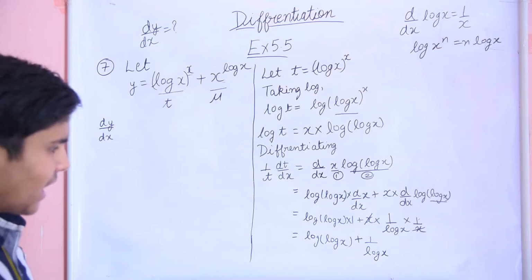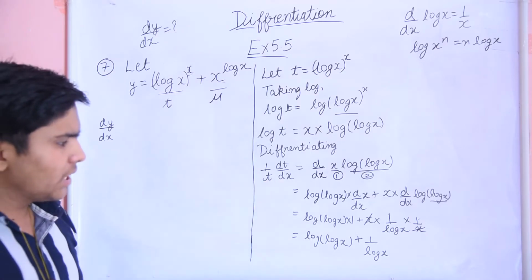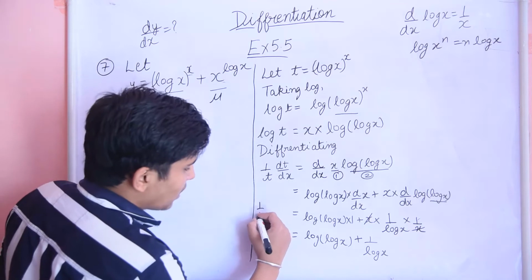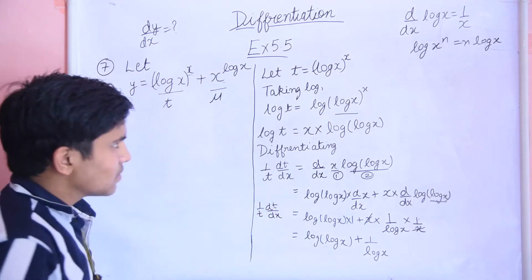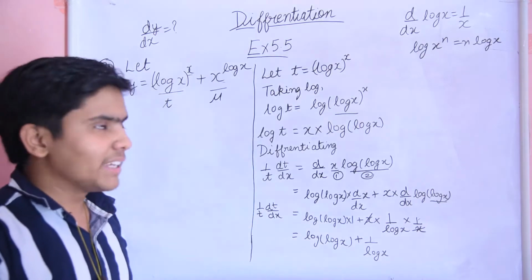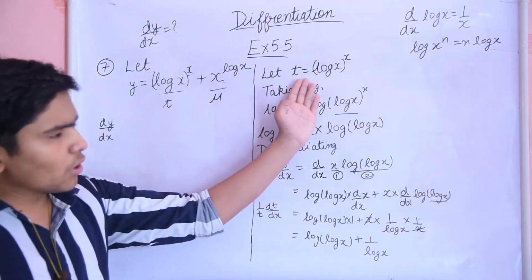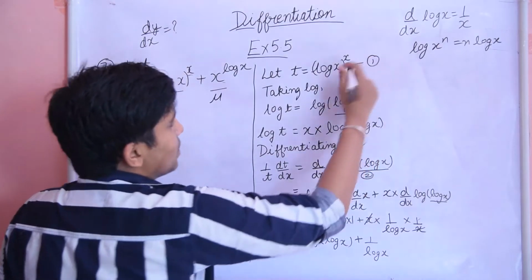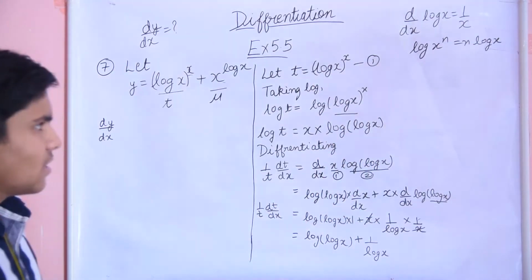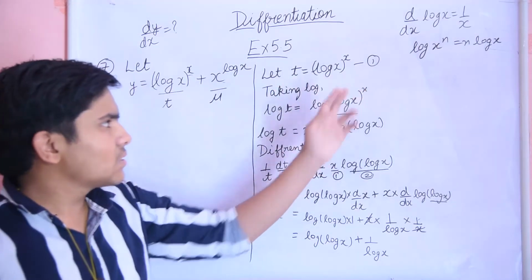And on the RHS we have 1 upon t dt by dx. Here, from this assumption, we have that t equals (log x) raised to x.